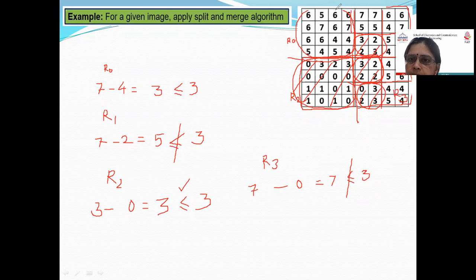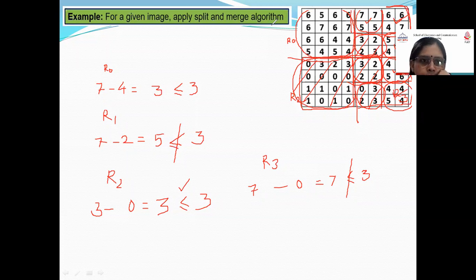Now, if we compare this region with this small region, yes, they are identical, so we group them together. Now compare these two adjacent regions, yes, they are similar, so we merge them. Now whether this is similar to this, yes, so we merge it together. Now we go to the next small region. Again, this is similar to this, so we merge it. Again, if we check this region, this is similar to this.